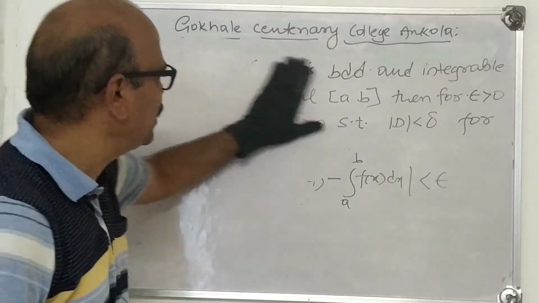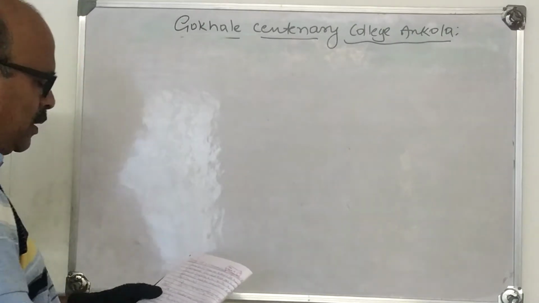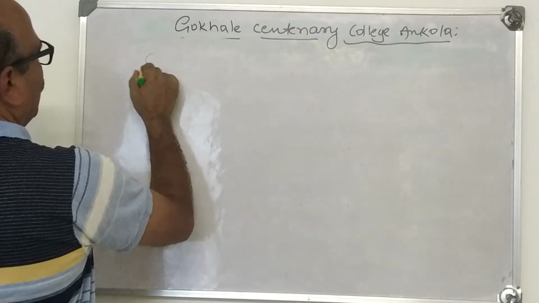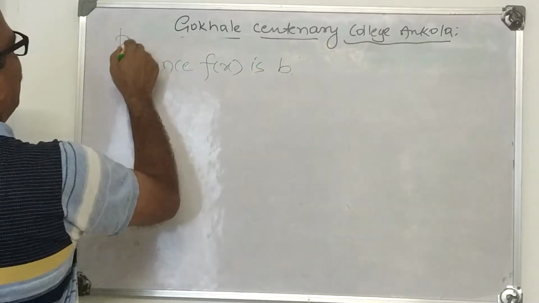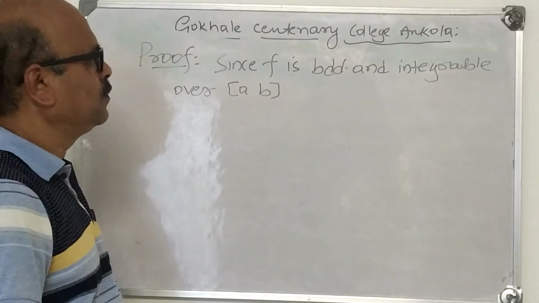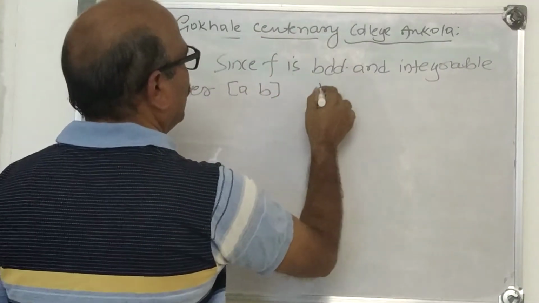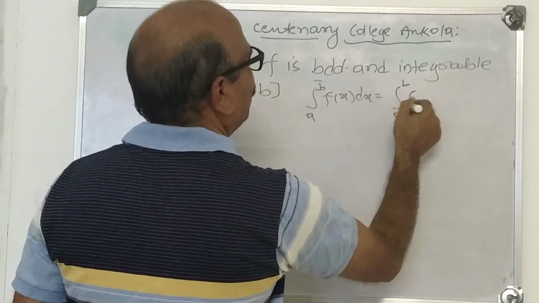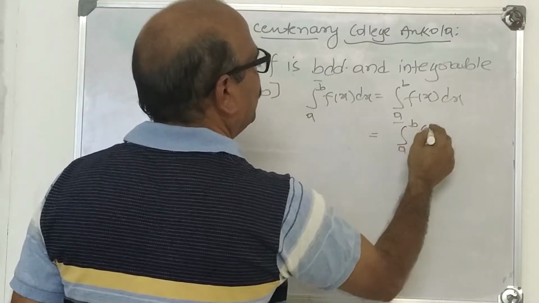Now we prove this. To prove this, we directly apply Darboux's theorem. Making use of Darboux's theorem, we can easily prove this. Proof of the theorem: since f is bounded and integrable over [a, b], we have the upper integral of f(x) dx equal to the lower integral of f(x) dx, and this common value is denoted by the integral of f(x) dx from a to b.